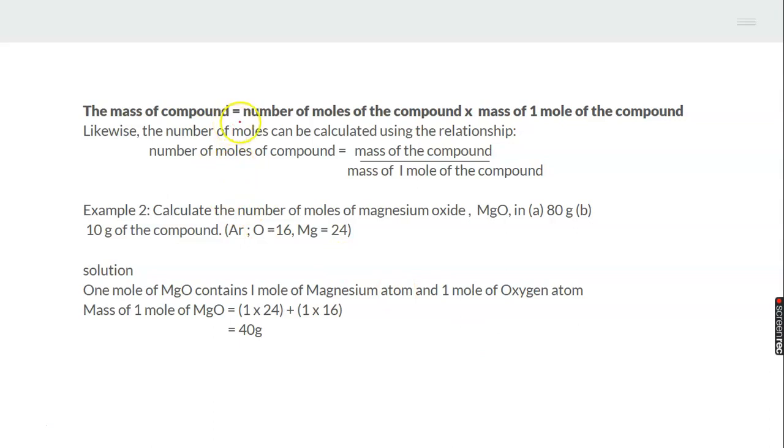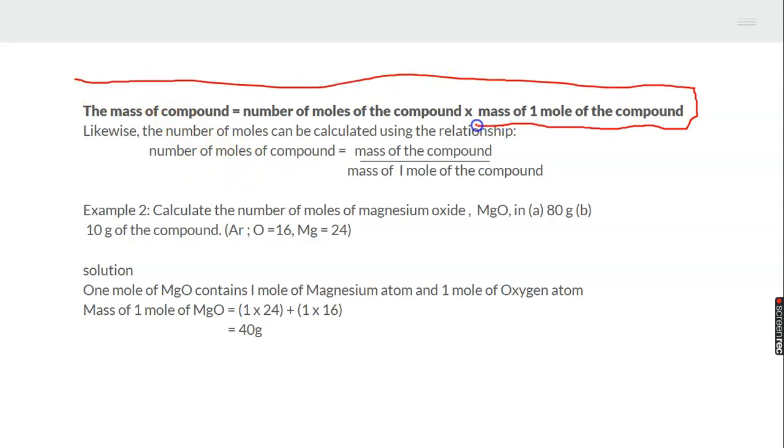So mass of a compound equals number of moles of the compound times the mass of 1 mole of that compound, just like we did for the elements part. This is the compound part. So you can calculate the mass of the compound, and you can calculate the number of moles of the compound using all these relationships given to you.